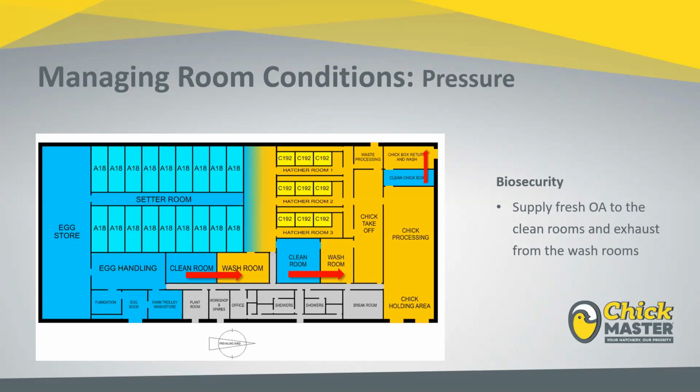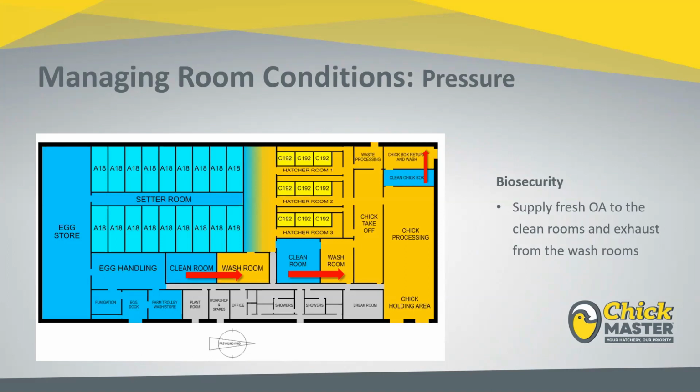In this application, you would provide all of your fresh supply outside air into your clean box room and allow that to migrate through and be exhausted out of your chick box return and wash room. So therefore, the clean box room does not have an exhaust fan.